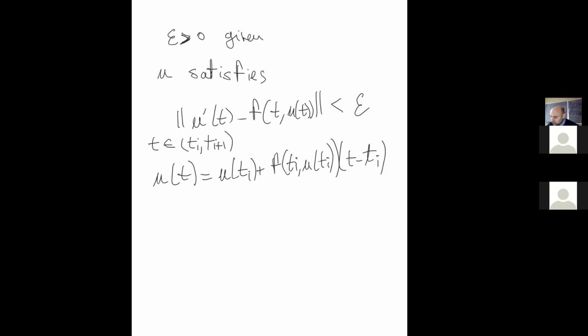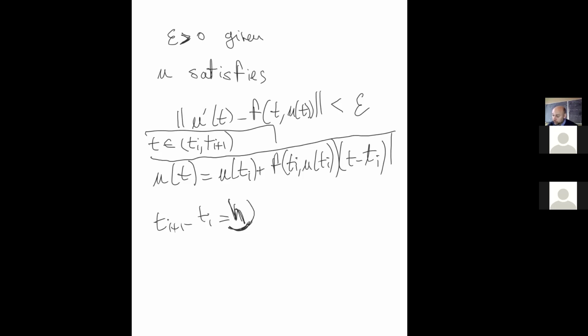No, so this line was to answer the question of Mr. Abadi. It's the definition, the way we construct the Euler function. So what we want to prove is that t_{i+1} minus t_i, by definition of the Euler method, is h.